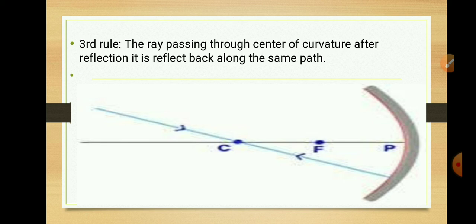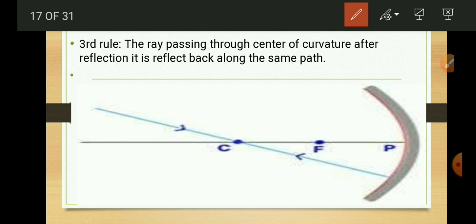Next one is the ray passing through the center of curvature. After reflection, it is reflected back along the same path. It means if the ray of light goes through the center of curvature, then after reflection also it will pass through the center of curvature. This is because the incident ray falls on the mirror along the normal to the reflecting surface.